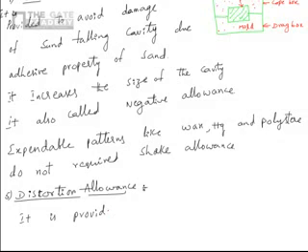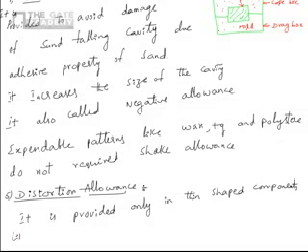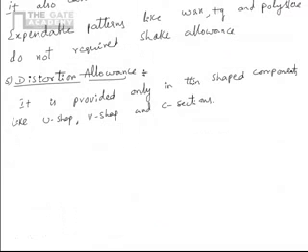It is provided only in thin shaped components like U shape, V shape, C sections, to compensate for shrinkage due to bending forces.